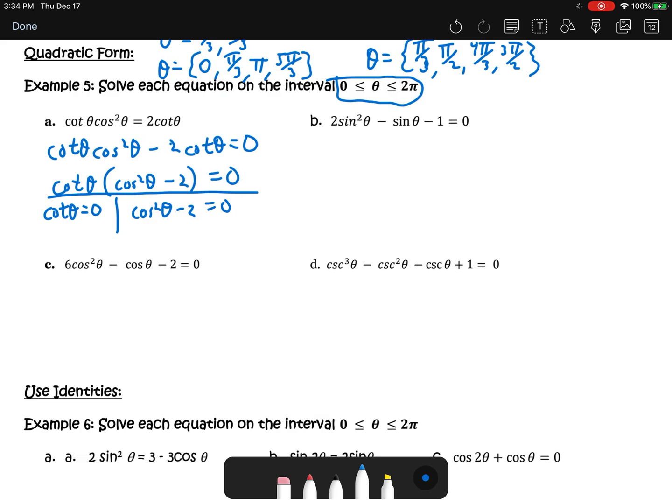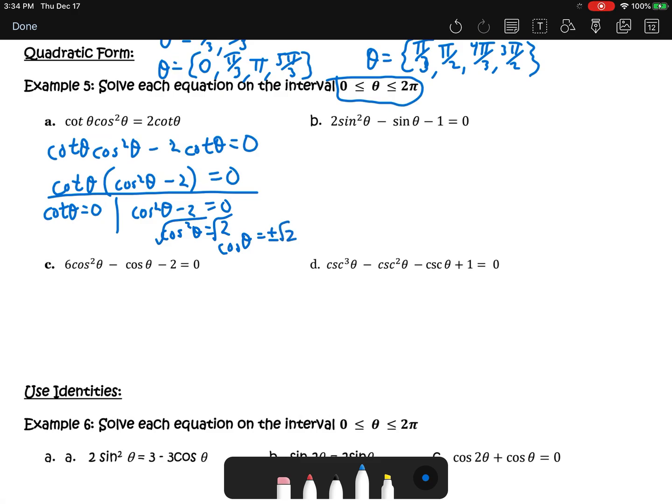And we're back to that. That doesn't work, does it? When is cosine 2? Let's see. This is not a good problem. We get 2. So cosine theta equals plus or minus radical 2.